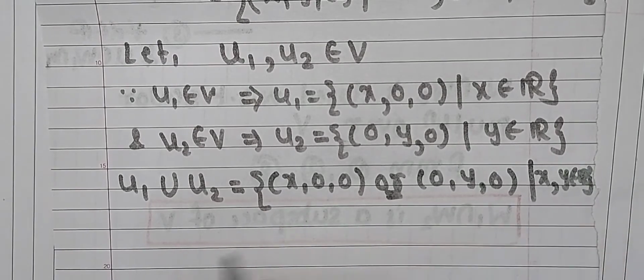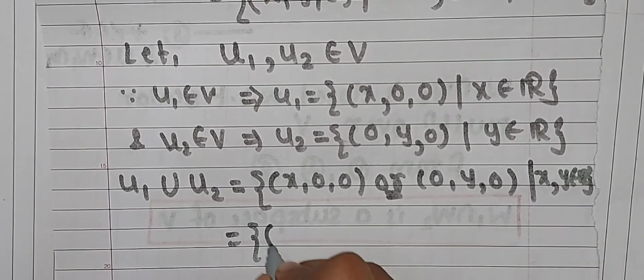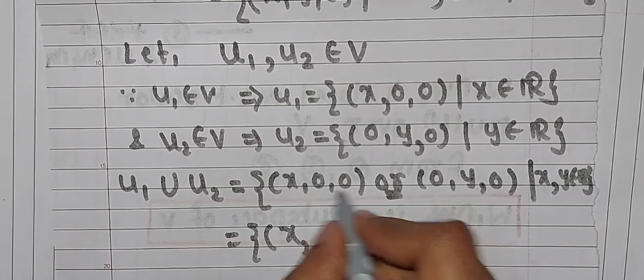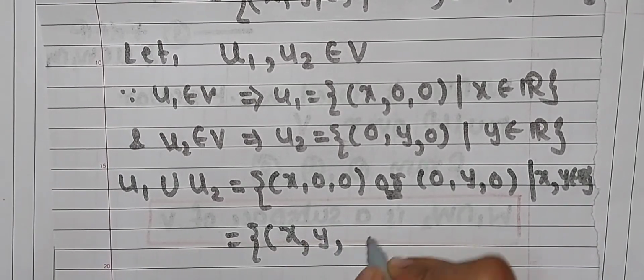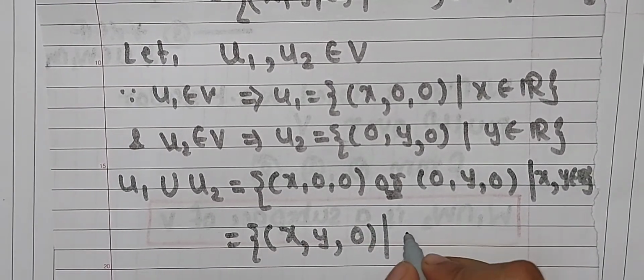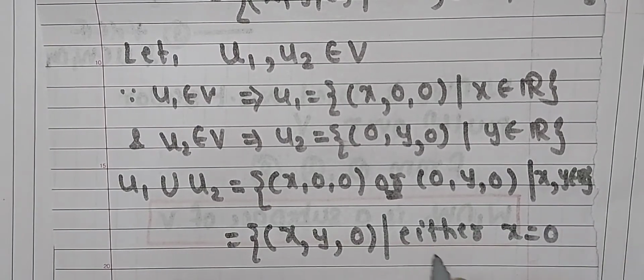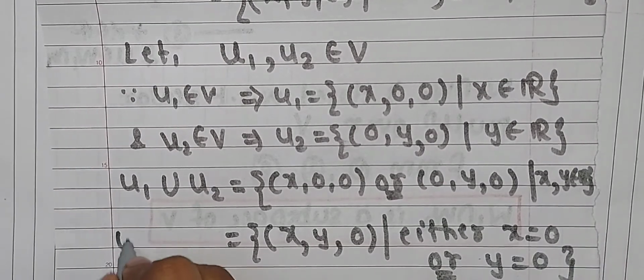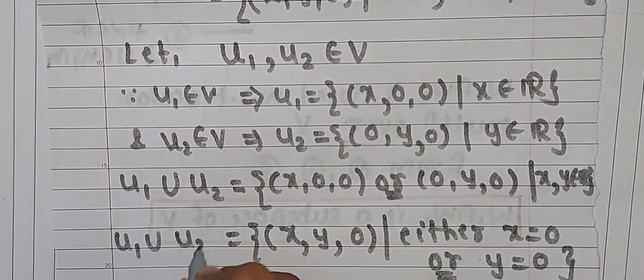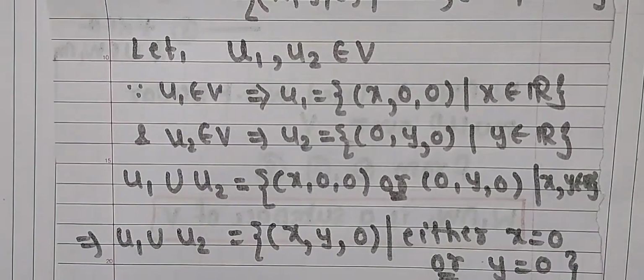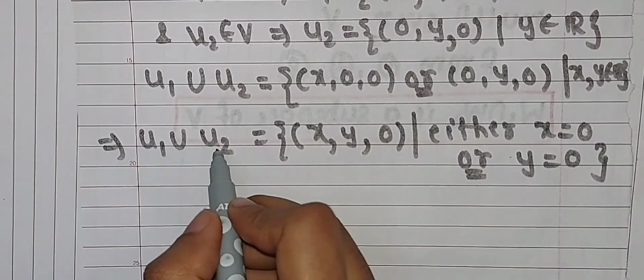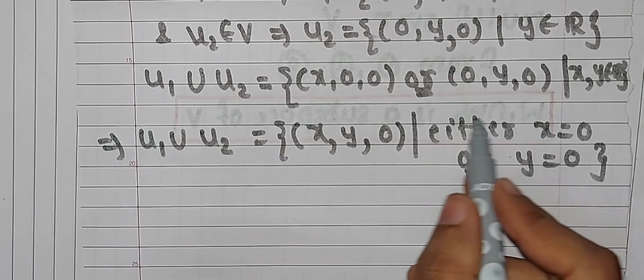So this can also be written as (X, 0, 0) or (0, Y, 0), such that either X equal to 0 or Y is equal to 0. So we have obtained U1 union U2 like this. Now we only have to check whether U1 union U2 is a subspace or not.